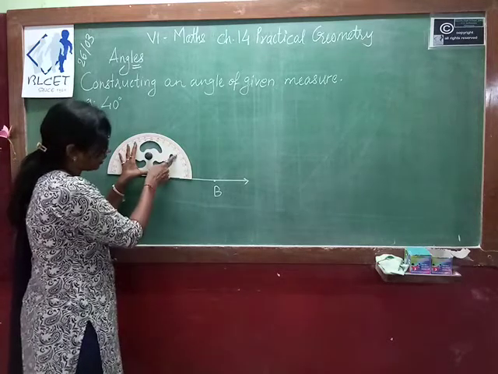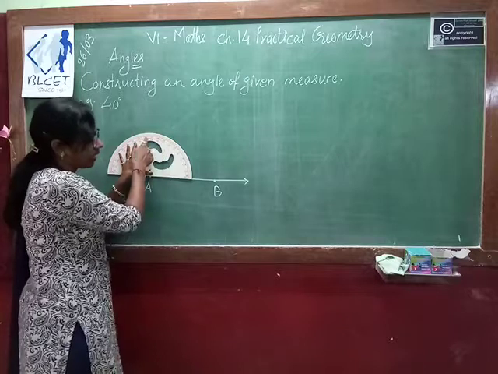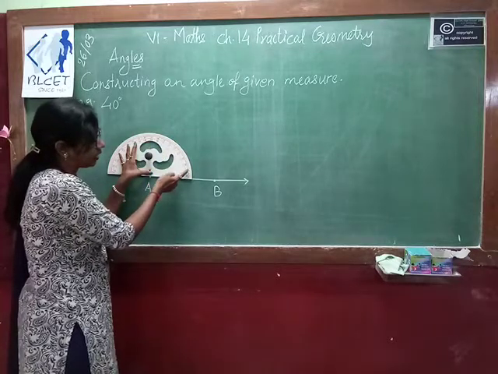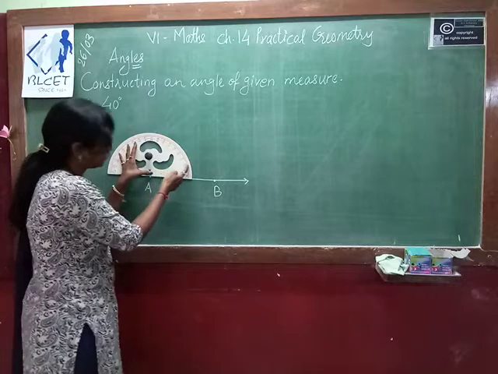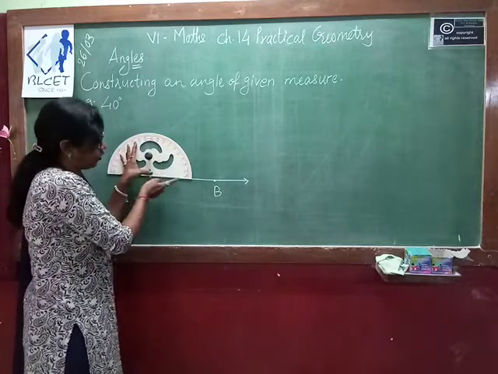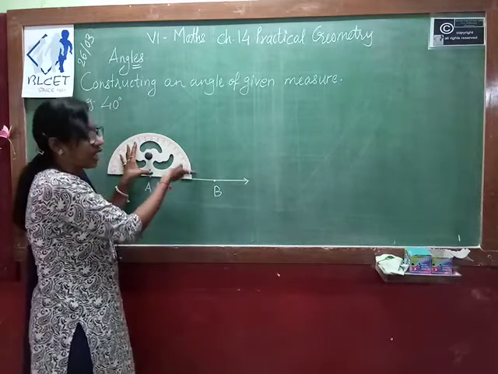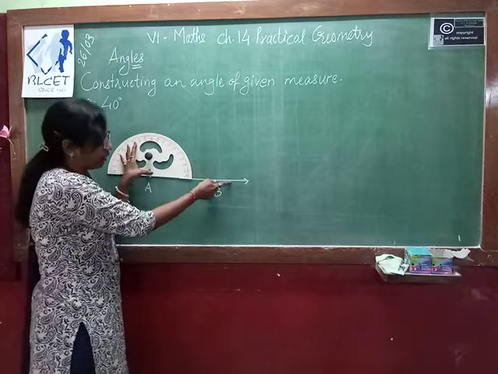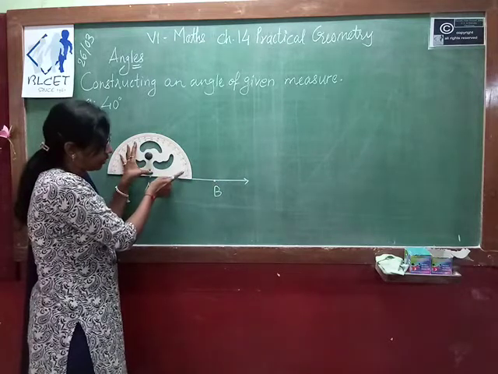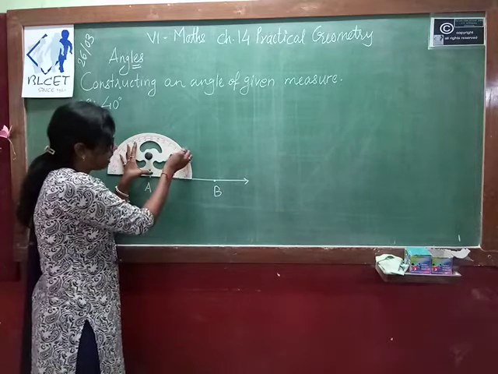So 40 is over here. If you consider the above scale, then it is 180 degree, 170, 160, and so on. So this way it is marked. Wherever my arrow is, from there I start from 0, so 0, 10, 20, 30 and 40. Where you get 40, mark a point.